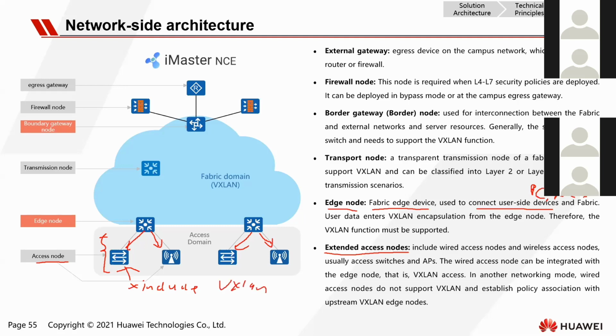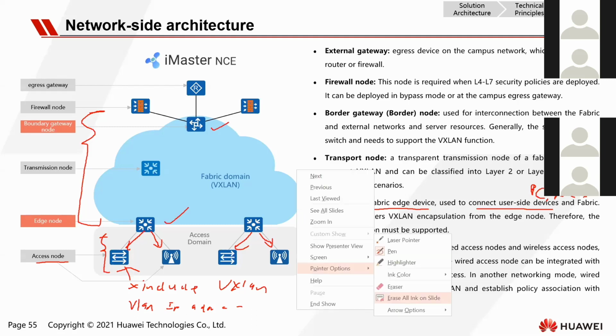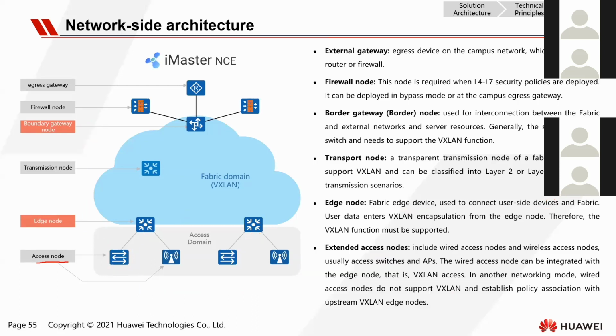There is no VXLAN configuration on these switches. We will only configure traditional VLAN and maybe some traditional IP addresses. The main VXLAN network will only be between the border gateway and the edge. So these are some of the important terms that you need to know for VXLAN.